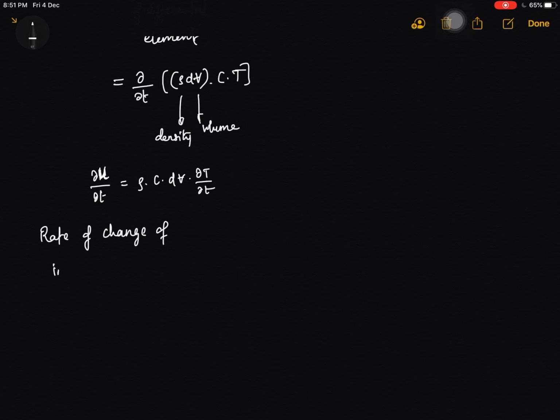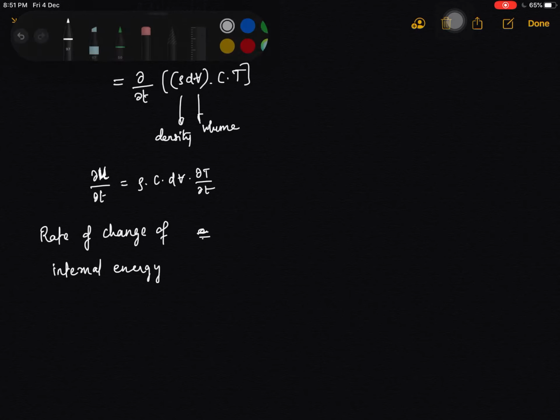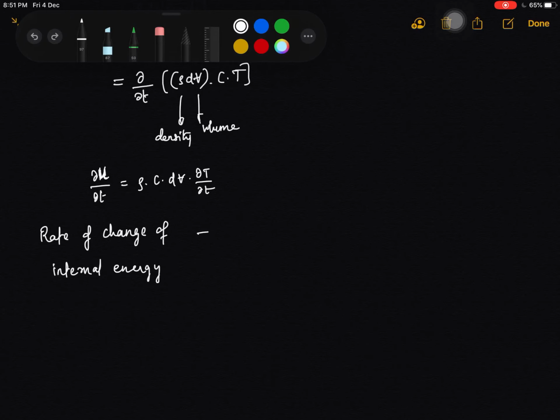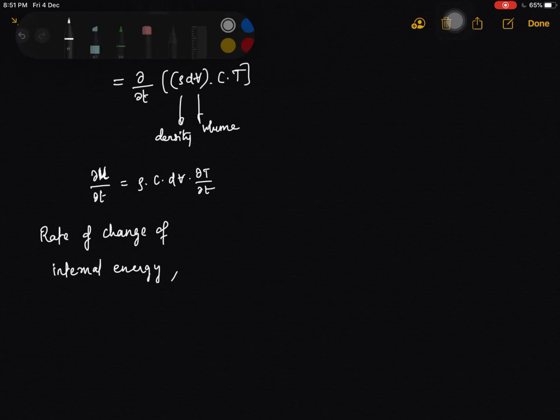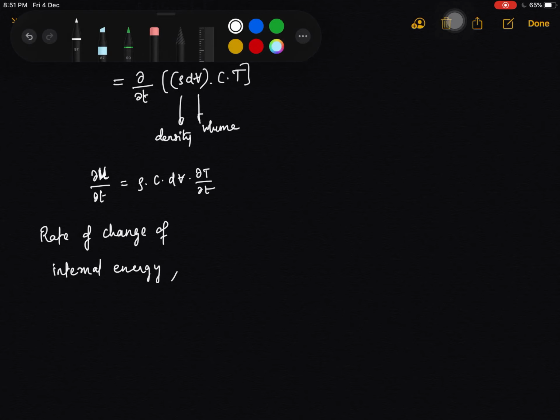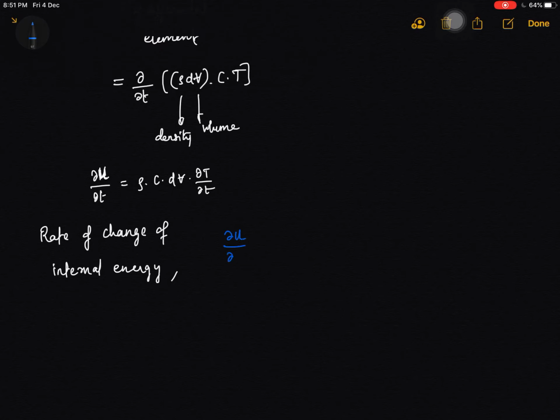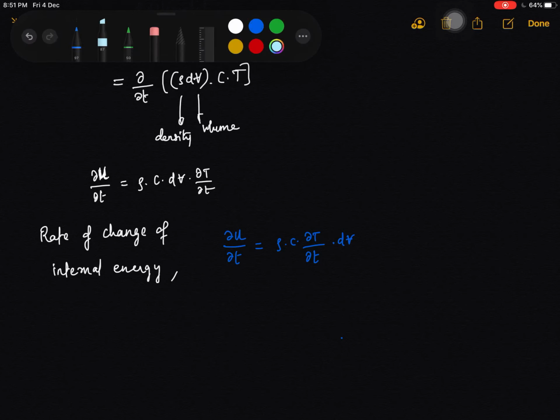So the rate of change of internal energy can be written as ∂U/∂t will be equal to rho into c into ∂T/∂t into dv.